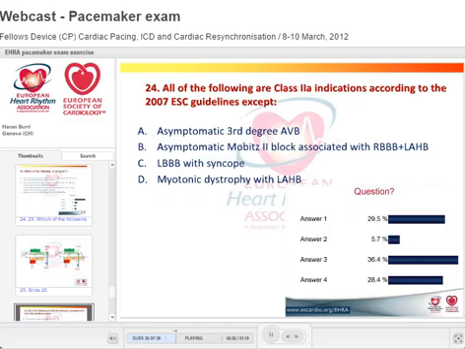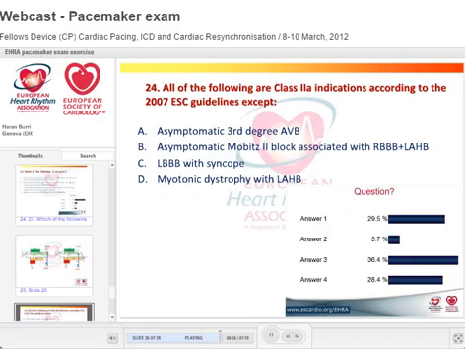Left bundle branch block with syncope: left bundle branch block can be considered as being bifascicular block. You have left anterior and left posterior, considered as being bifascicular block. So syncope with a left bundle branch block, class 2A indication. Personally, I go ahead and implant a pacemaker, unless you think it may be tacky, but if that patient has bifascicular bundle branch block and syncope, go ahead with a pacemaker.